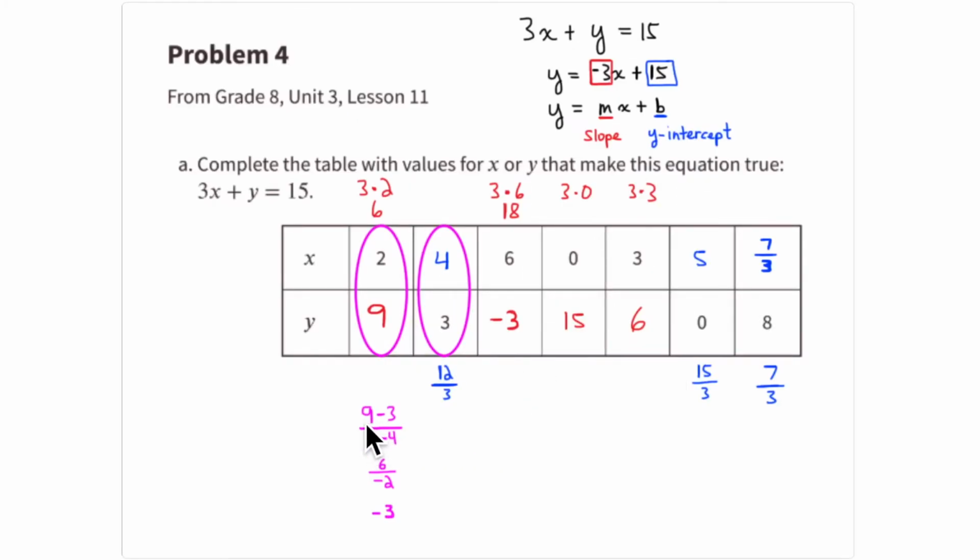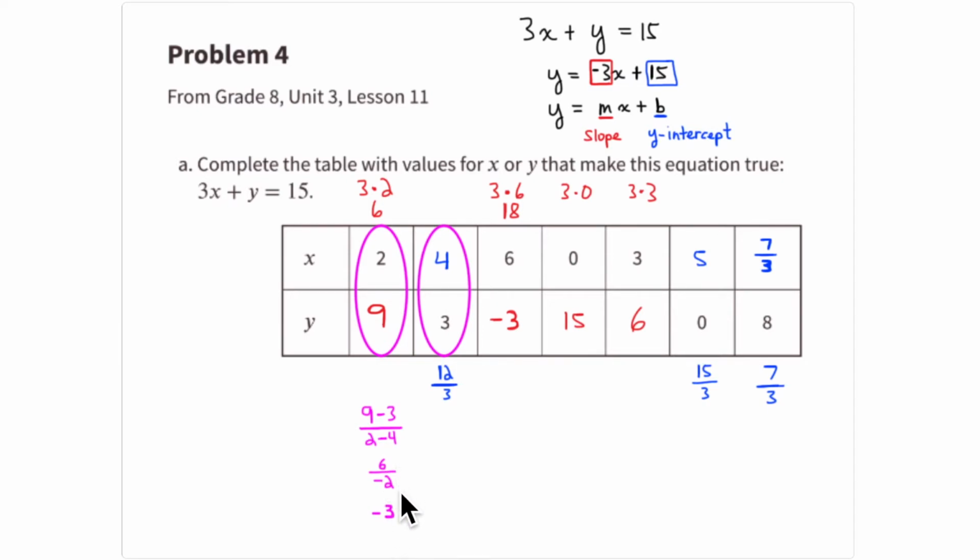So once again, if I started at $3 and ended at $9, 9 minus 3 means I gained $6. But if I started at $4 and ended at $2, 2 minus 4 is negative 2. So that ratio between the movement along the y-axis compared to the movement along the x-axis is negative 3 for each unit along the x-axis.